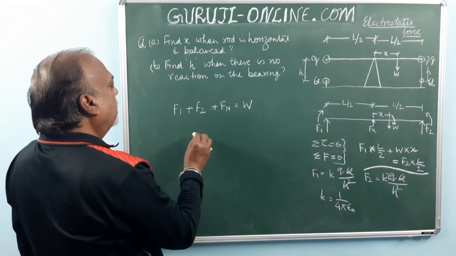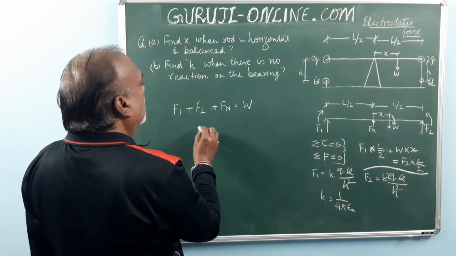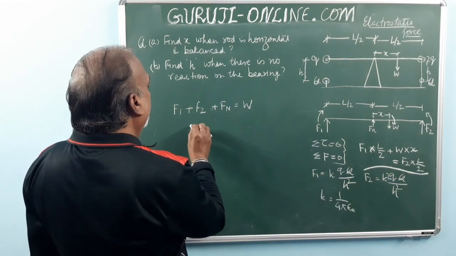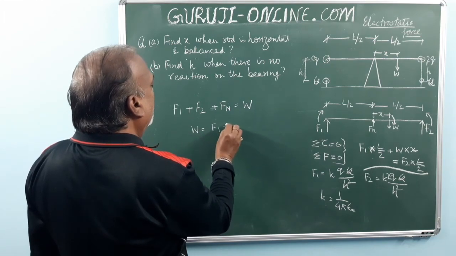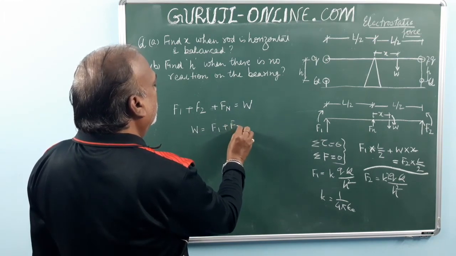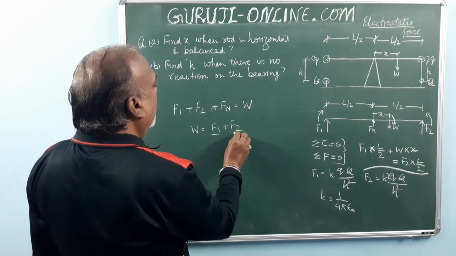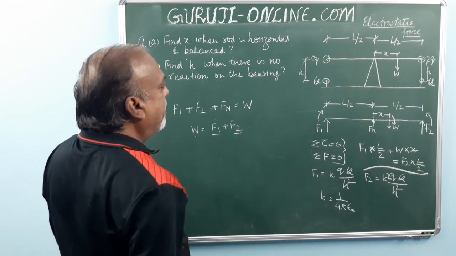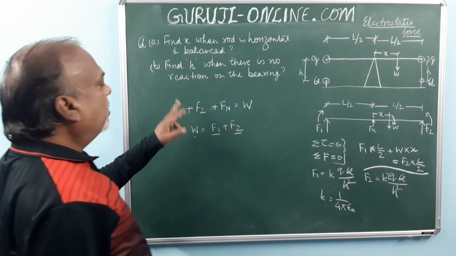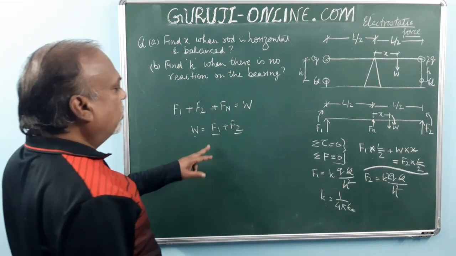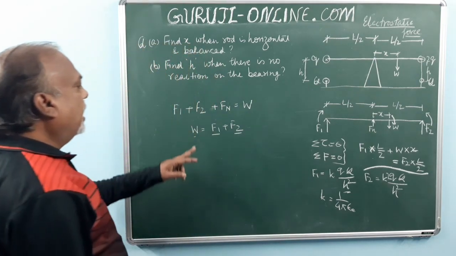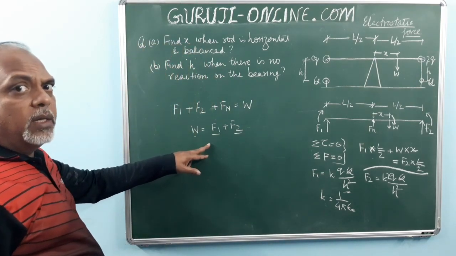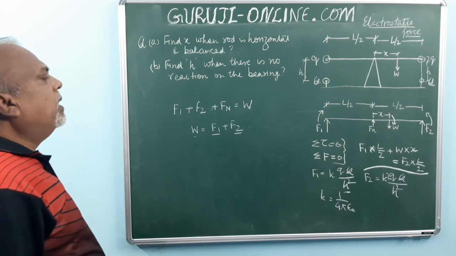Here for Fn to be 0, that means W must be equal to F1 plus F2. We know F1, F2, W. Here there is no X, so we can find out what will be the H which will satisfy this equation.